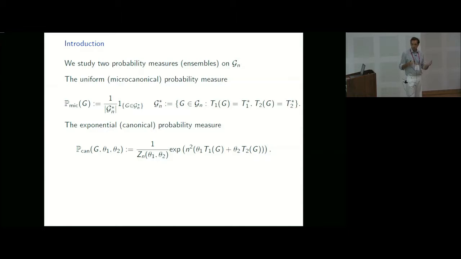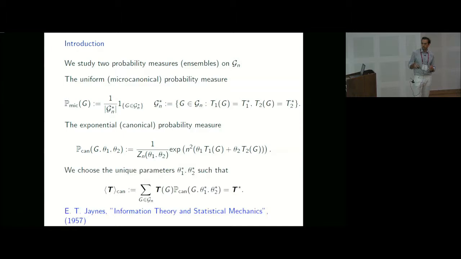And this probability measure, there is a whole theory behind it. How do you get it? This theory about this exponential class of models was first introduced in this paper, where you use a maximization of entropy with respect to some constraints in order to derive this formula, this expression.